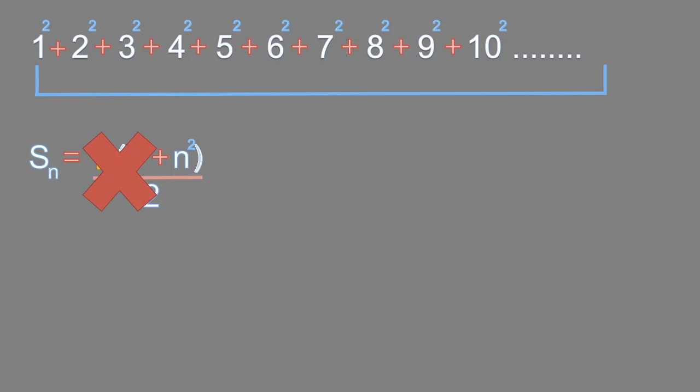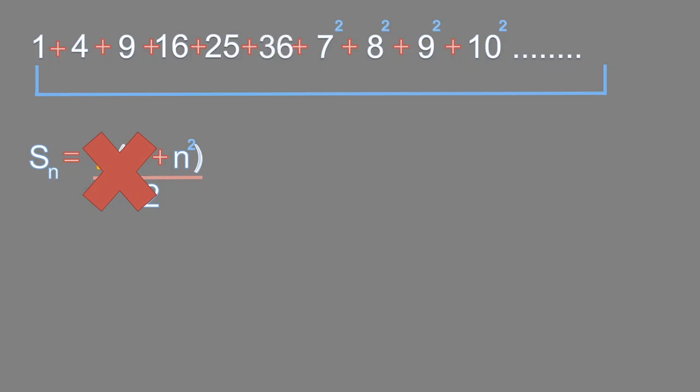So why is it wrong? Let me tell you, because this formula Sn is equal to first term plus last term multiplied by number of terms whole divided by 2 is only for an AP. Is this an AP? Now 1 square is 1, 2 square is 4, 3 square is 9, 4 square is 16, 5 square is 25, 6 square is 36.